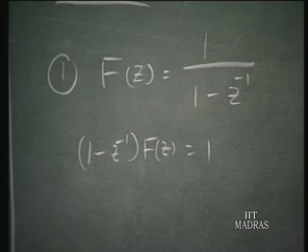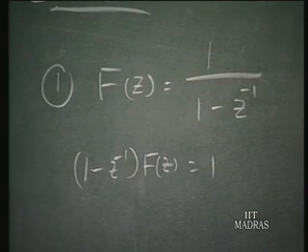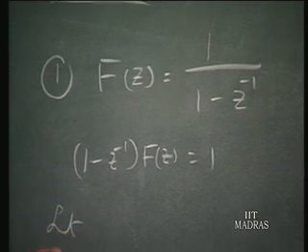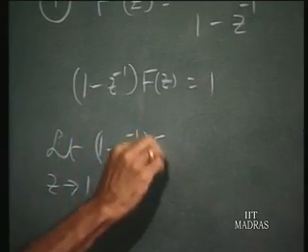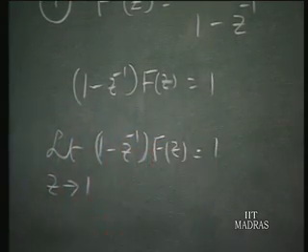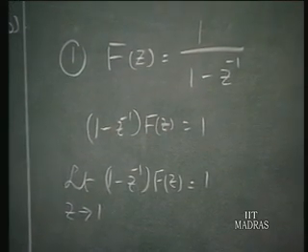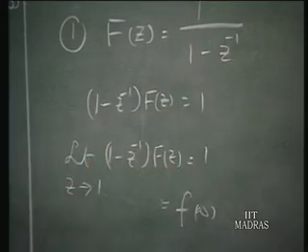And this is a constant, certainly it is analytic, it has no poles on the unit circle or outside the unit circle, therefore it is well behaved. So the limit as z goes to 1 of 1 minus z power minus 1 times f of z is of course 1, and since we know this is the unit step function, the final value is equal to 1, so there is no surprise in our result here.